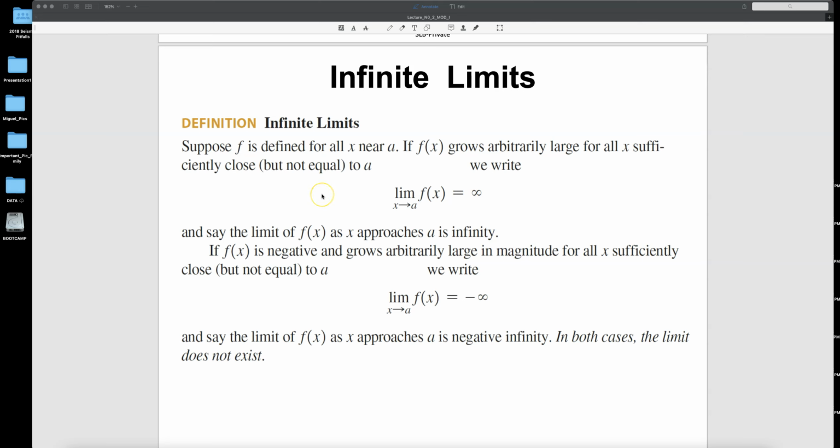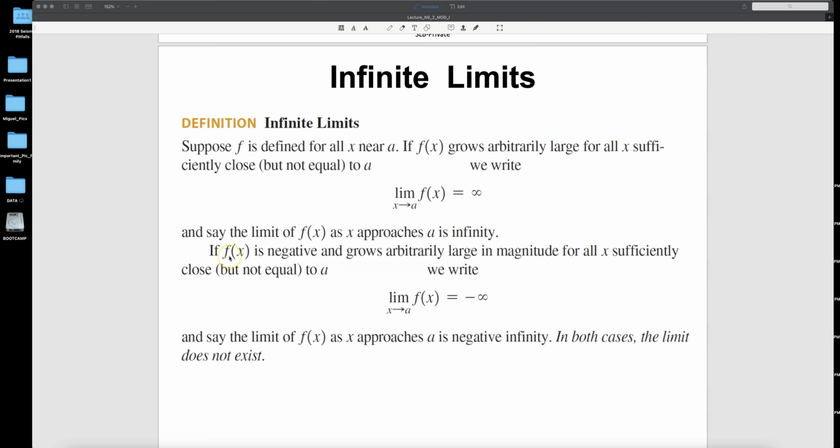And this definition is the one that you're going to find in your textbook. If we have a function that grows in a very arbitrary way, with very large numbers, whenever we approach in the independent variable some specific number, we say that that limit is infinite.